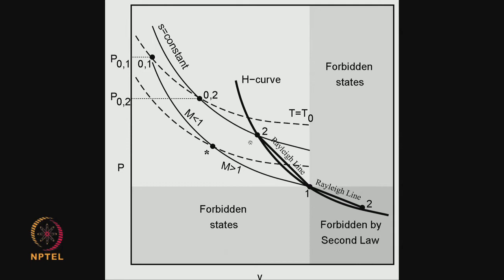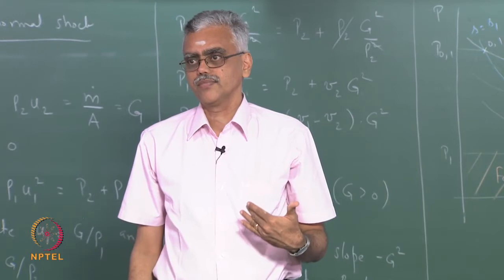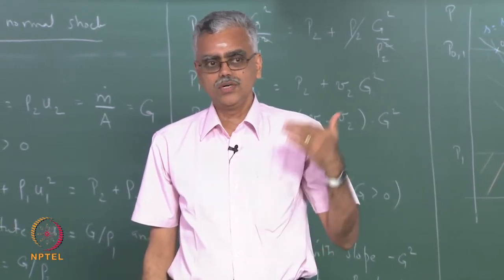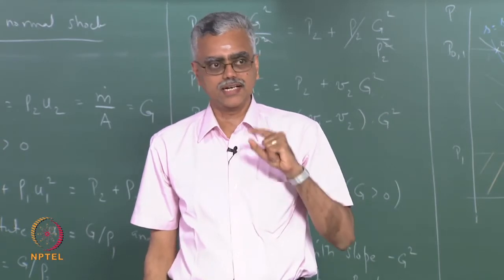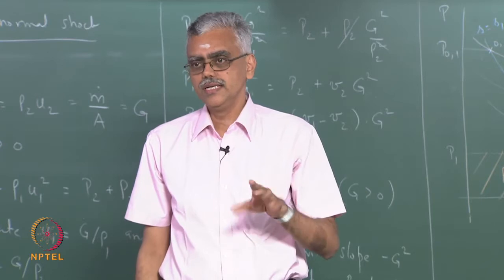Once again, you must keep in mind that we do not go from state 1 to state 2, we jump from state 1 to state 2. This is an extremely important fact which will become very clear to you when we go to the next chapter. Okay. Please bear in mind that we do not go from 1 to 2 through the intermediate states, we directly jump from state 1 to state 2, which means that we need not pass through any of the intermediate states.